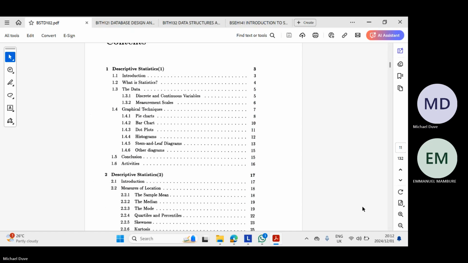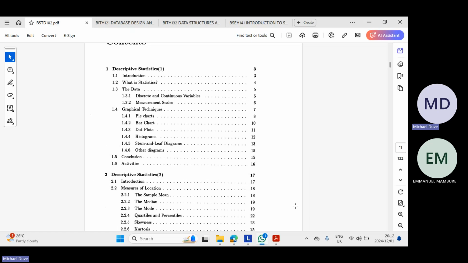I'm sure some of you might not appreciate maths, but it's very important to appreciate this concept that we are doing, because you see it even when you are doing your data science course. So it's very important in your data science program.